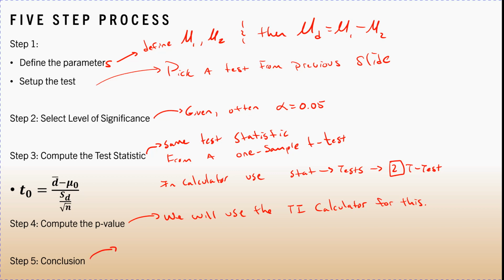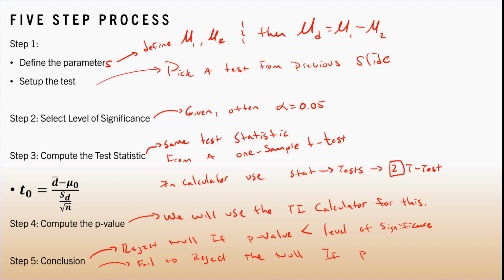So your conclusion here is you reject the null if the p-value is less than the level of significance, and you fail to reject the null if the p-value is greater than the level of significance.